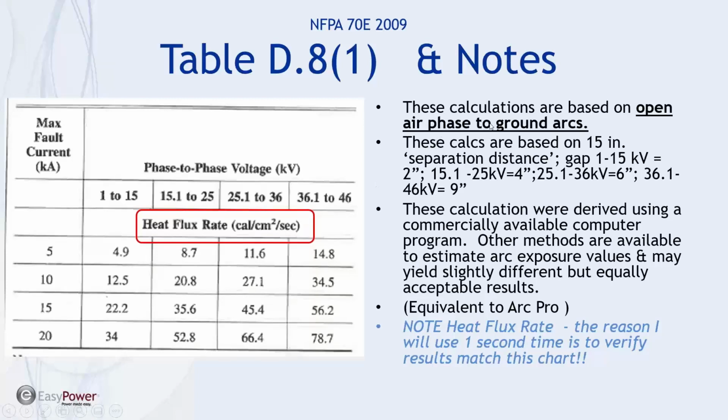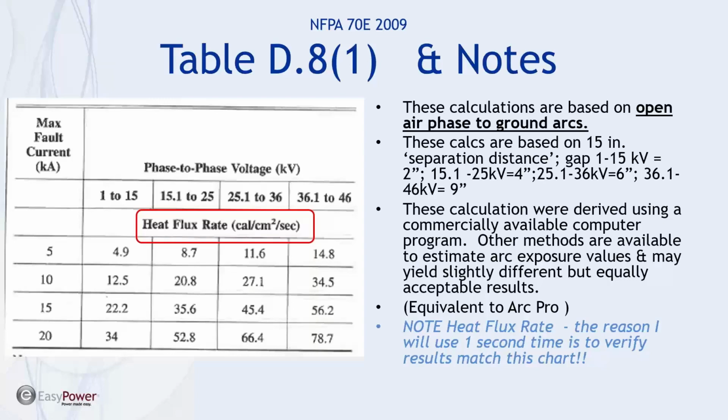And the notes here on the right are the specifics behind the calculation proper. They're based on 15-inch distance between the air gap, and the gap varies based upon the voltage range that we're in, and it's stipulated in both the CFRs and the NESC table.